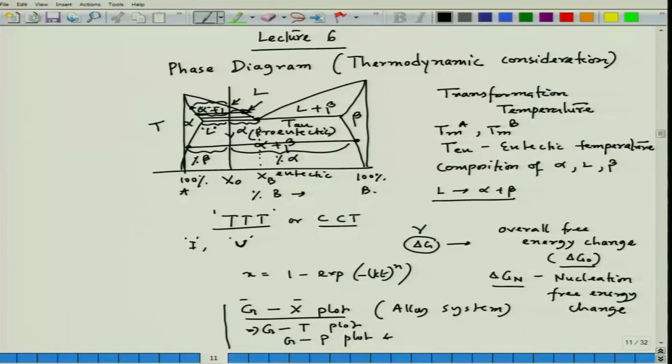Now, since we will be handling a condensed system for our heat treatment purpose, we would be looking into the chemical potential data, then Cp data as well as molar volume data of the metals.